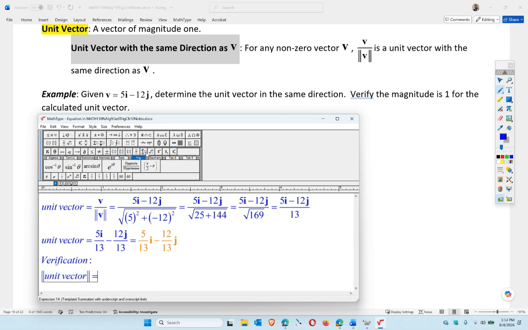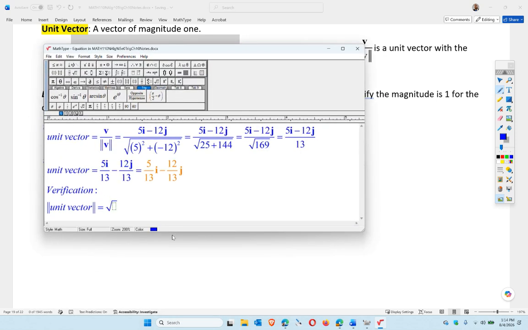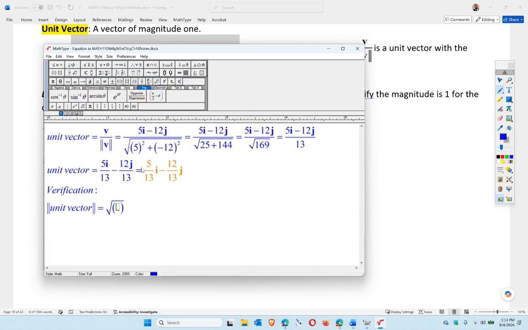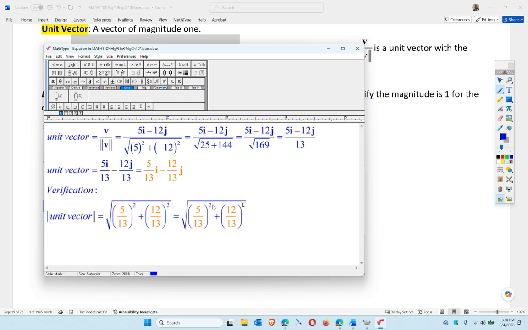That's the square root of the first fraction squared plus the second fraction squared. If you do that math, the squares go away: 25 over 169 and 144 over 169.